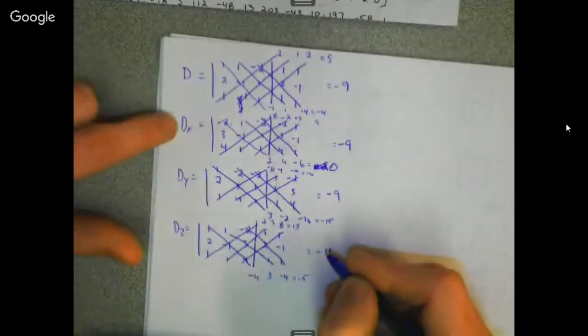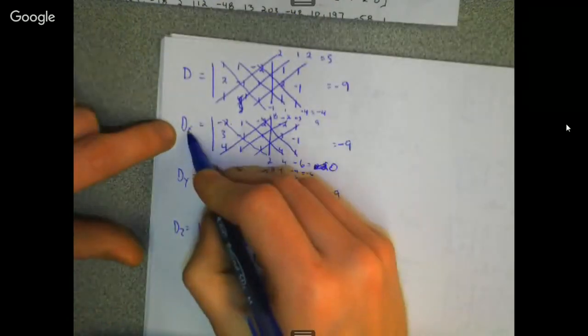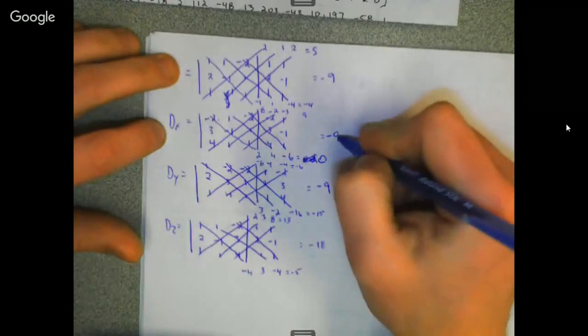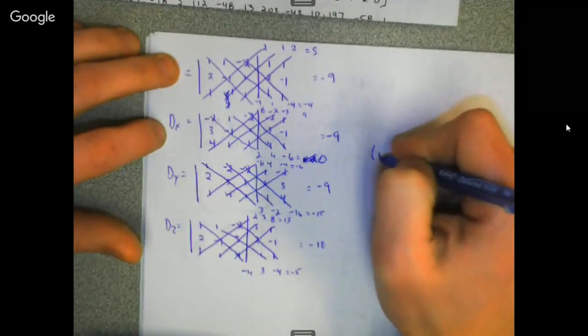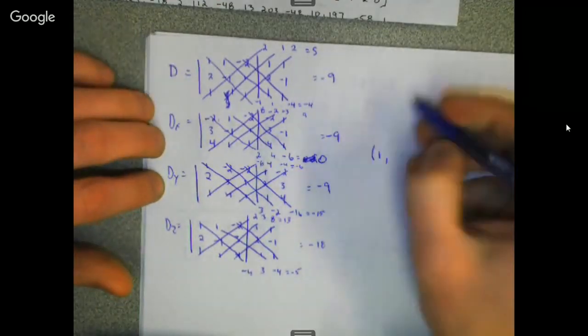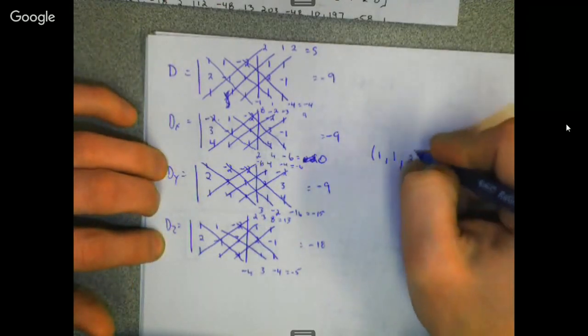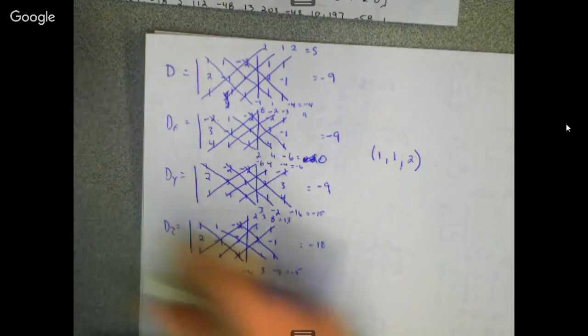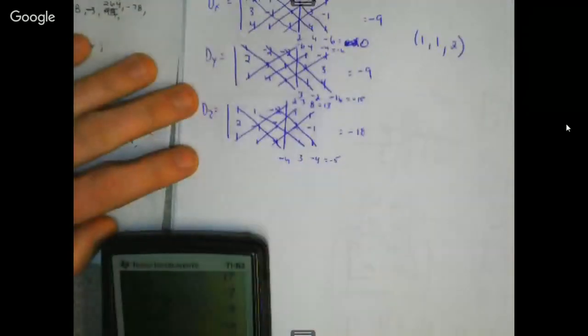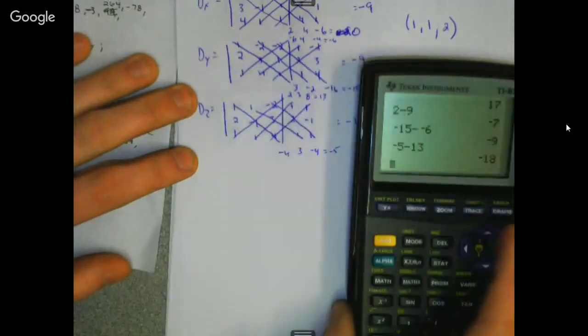Then to find x, y, z, we're going to take dx divided by d. So that's negative 9 divided by negative 9 is 1. Negative 9 divided by negative 9 is 1. Negative 18 divided by negative 9 is 2. So there's your solution.